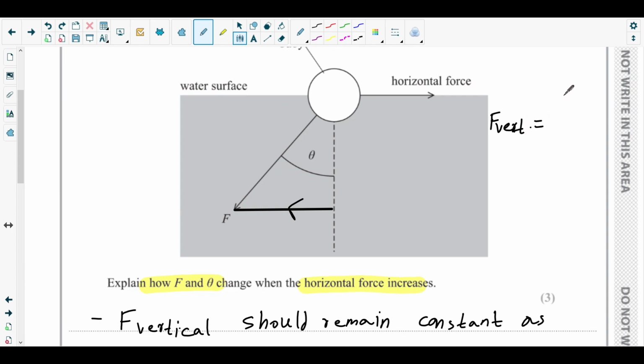The vertical component of force F is F cos theta. Theta increases and also F increases. If theta increases, the value of cos theta decreases, right?